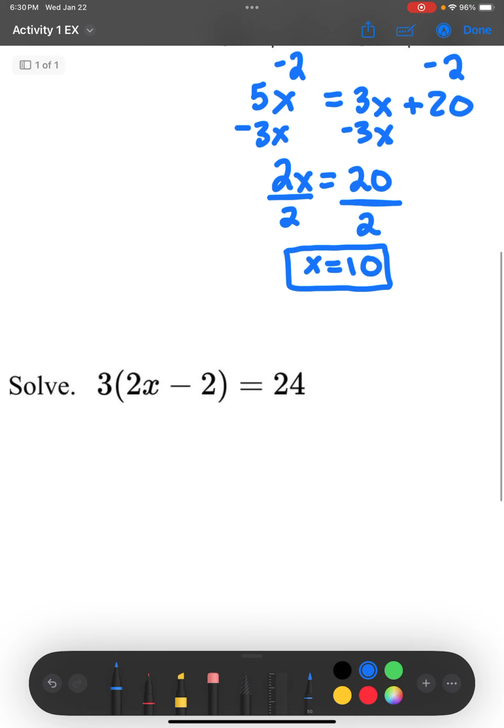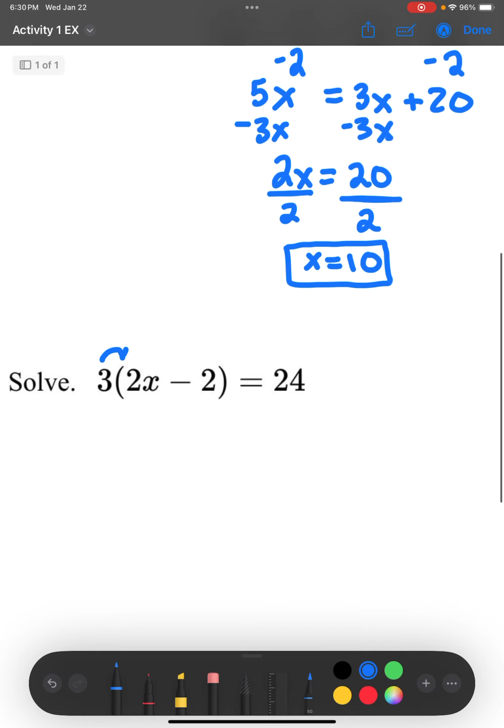Number 3, this is a problem where you want to distribute your stuff in the parentheses, right? So we have 3 times 2x, which is 6x. And then we have 3 times negative 2.